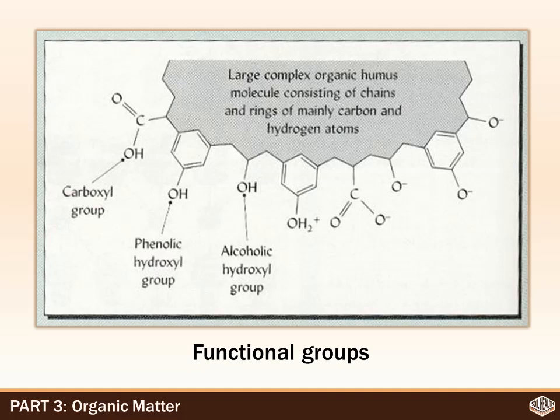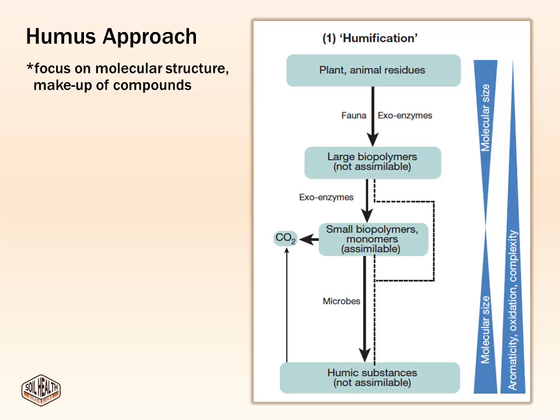Those OH groups, or hydroxyl groups, that are part of the carboxyl, phenolic, and hydroxyl appendages are what help give organic matter its charge, because the hydrogen can be released, and when they leave, particularly in a basic solution, a negative charge results, as seen on the right of this picture, thus enabling the molecule to attract and hold on to positively charged cations like calcium and magnesium.